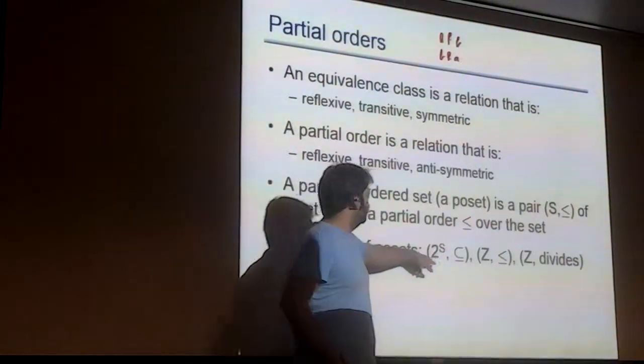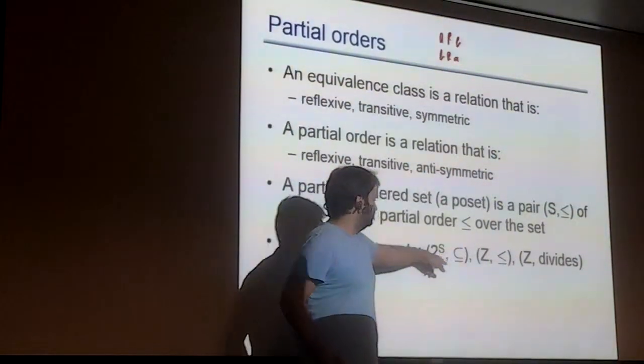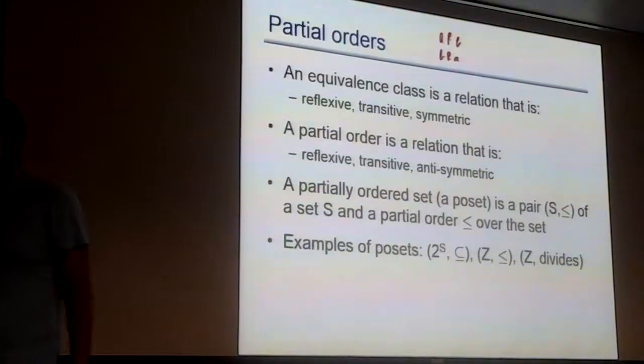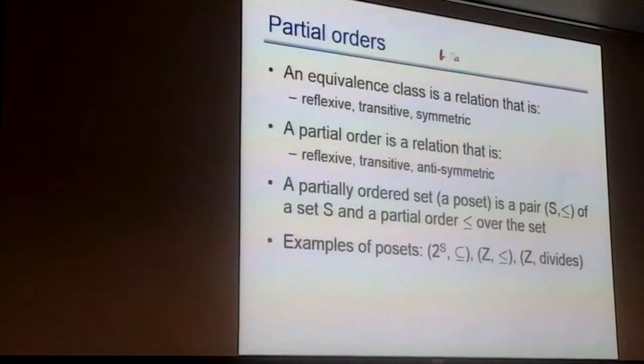What's this example? Subset. Yeah, so 2 to the power S. That's a very funny notation, also called the power set notation. So what does this expression mean? It's also sometimes written like that. Let's say S is a set.